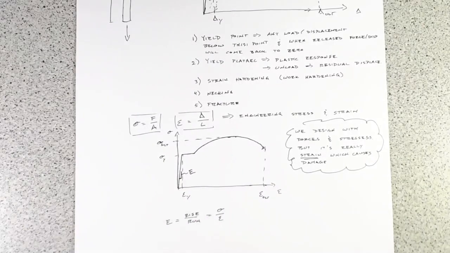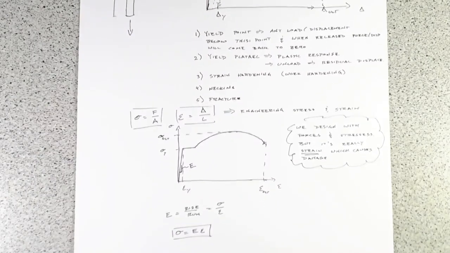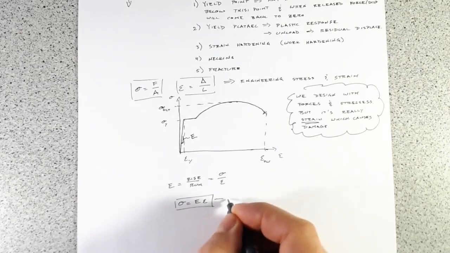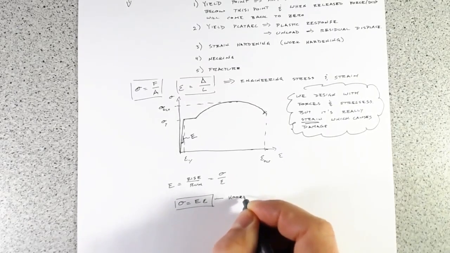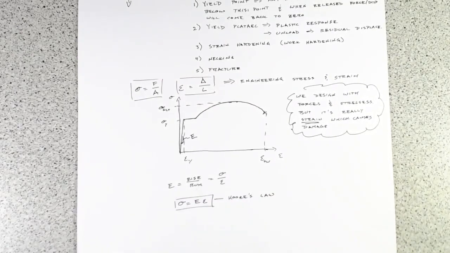Well, if we rearrange this, what we see is that sigma equals E times epsilon. This has a special name. This is called Hooke's law, from Robert Hooke.